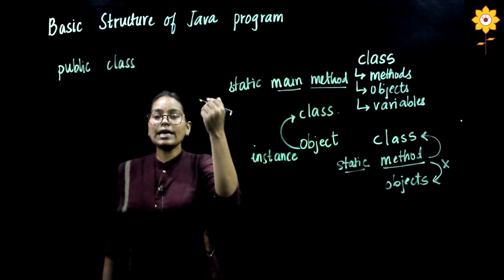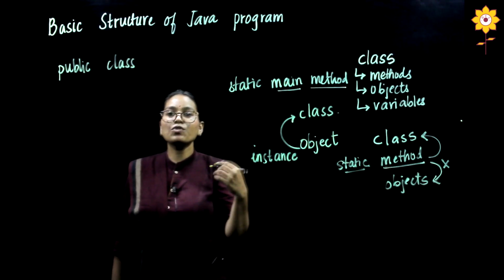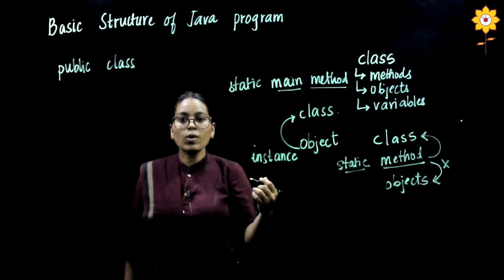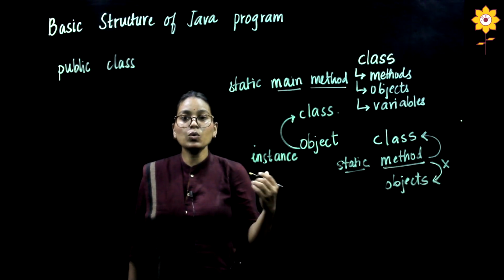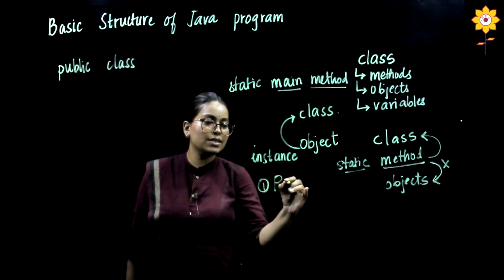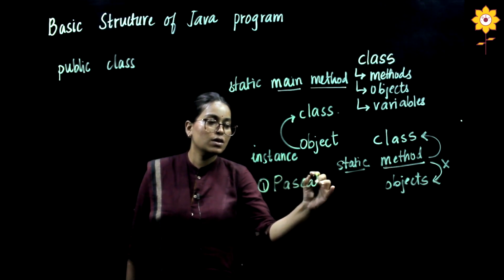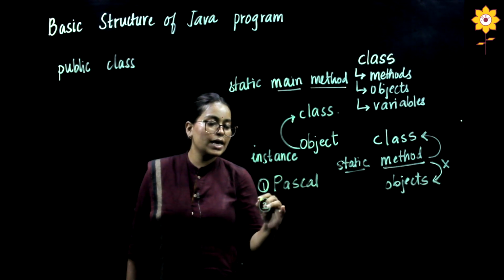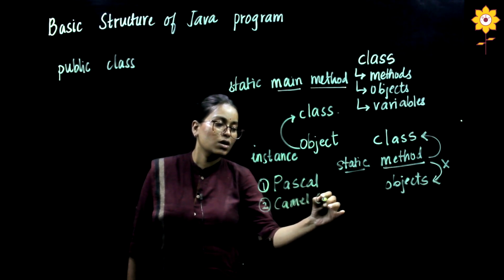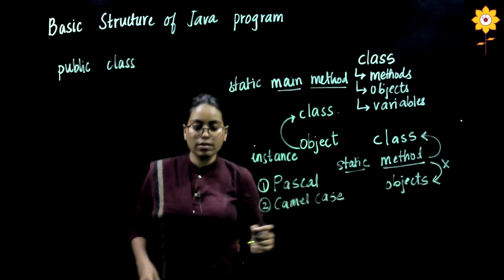So when we write name of the class, we have to follow naming conventions. Okay, so when we talk about naming conventions, there are two types of naming conventions. The first one is Pascal's naming convention and the second one is camel case naming convention. So now what are these two naming conventions?